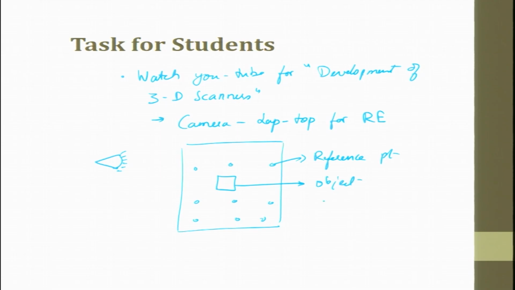They calibrate with respect to the reference points, then scan the image of the object and try to get the data. Please watch that video and try to develop the same technique yourself.